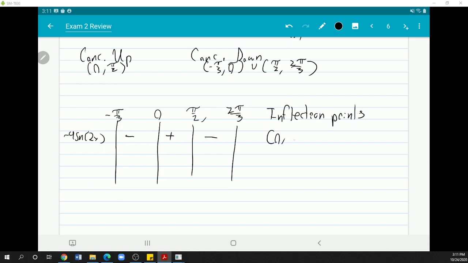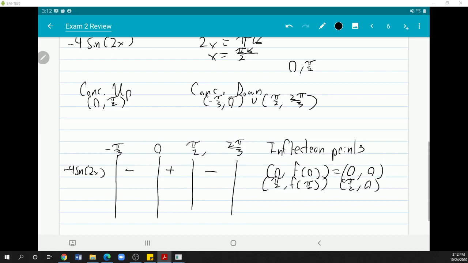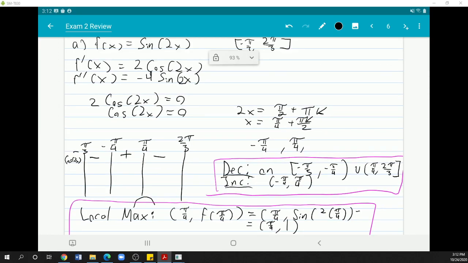They are at 0, f of 0, and pi over 2, f of pi over 2. So this is 0, comma 0, plugging into the original sine function. This is pi over 2, comma 0, plugging into the other function. Okay, so that covers 10a.